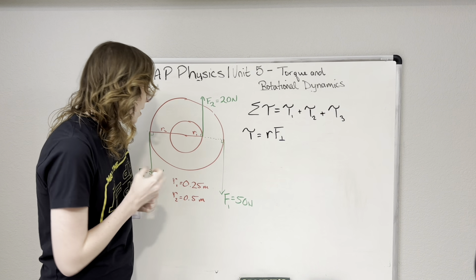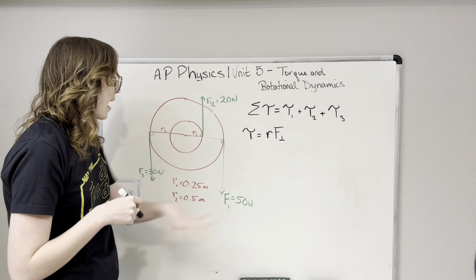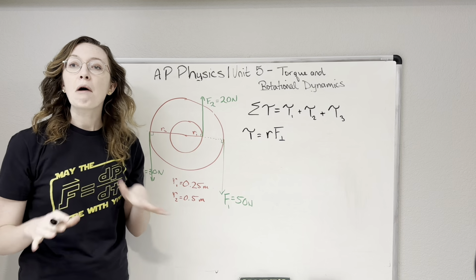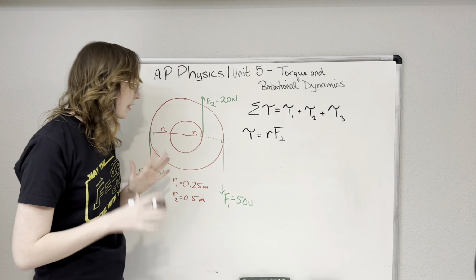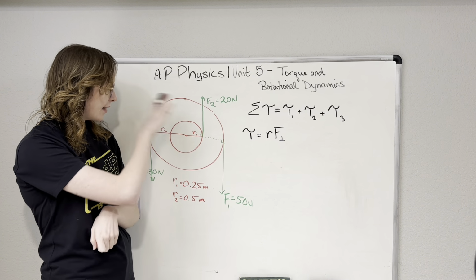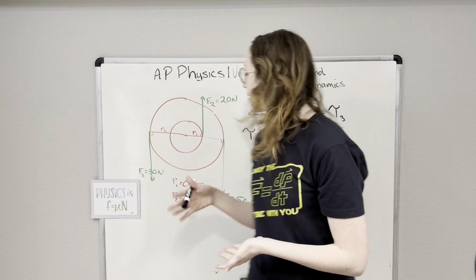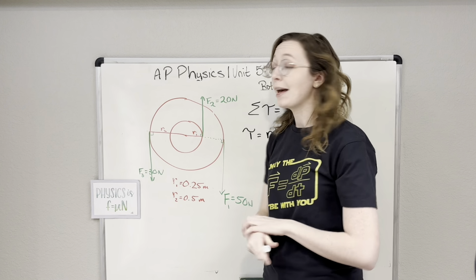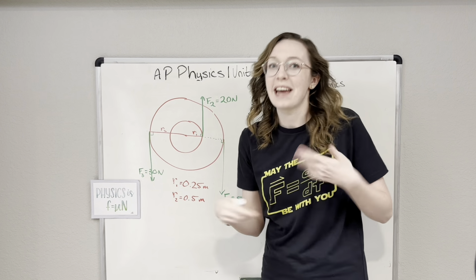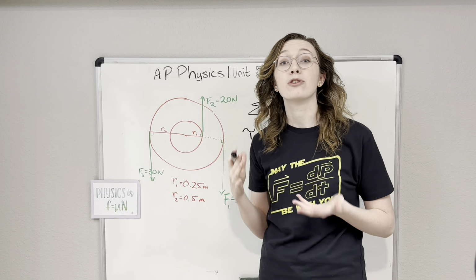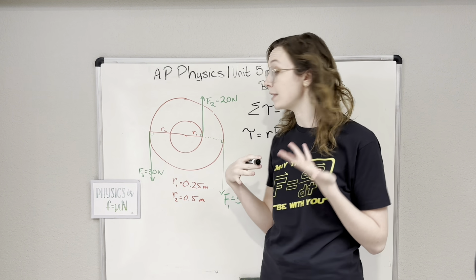Okay, so before we get into actually calculating these values, let's figure out which direction each of our forces are pulling our circle in. Now, we could just look at this circle and say, hey, I've got two forces pulling down and one pulling up, done. But because these forces are going to be causing rotating things to happen, we need to figure out which direction they're going to cause our wheel to rotate in.